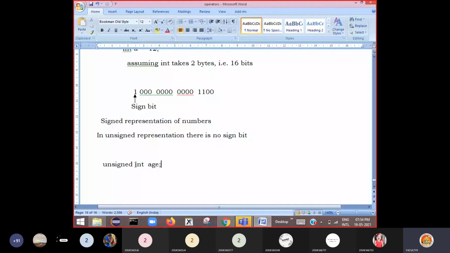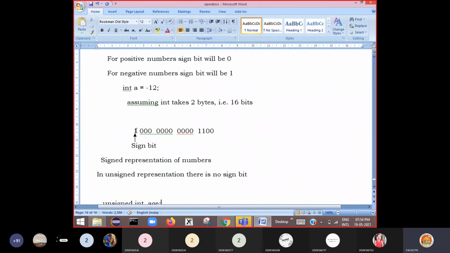When you declare the variable as unsigned, it uses all the bits for storing the magnitude of the variable. No sign bit is used here. That is the difference between signed representation and unsigned representation.